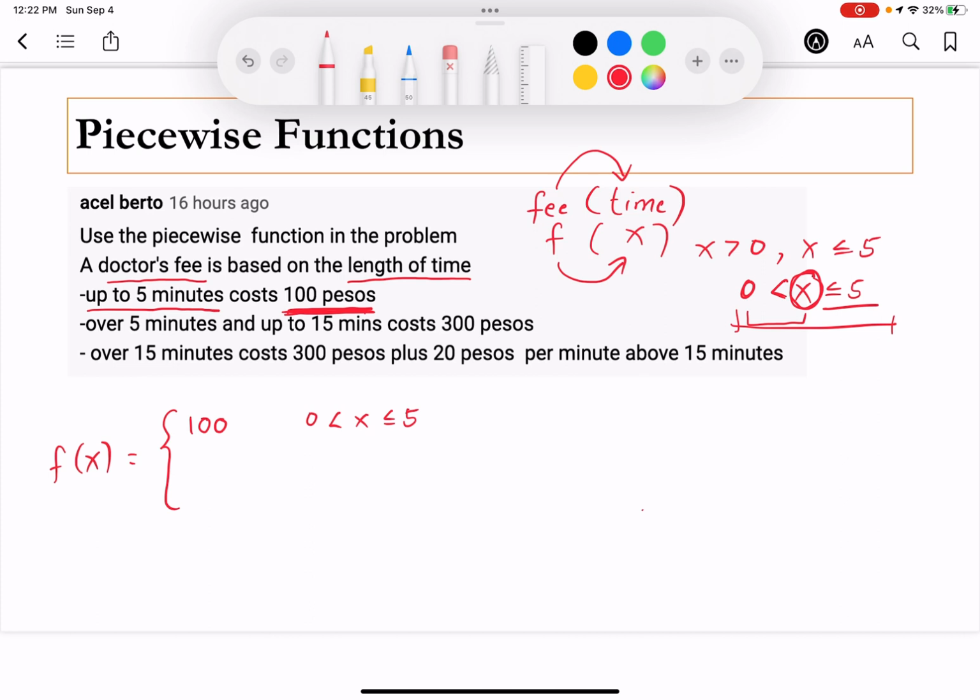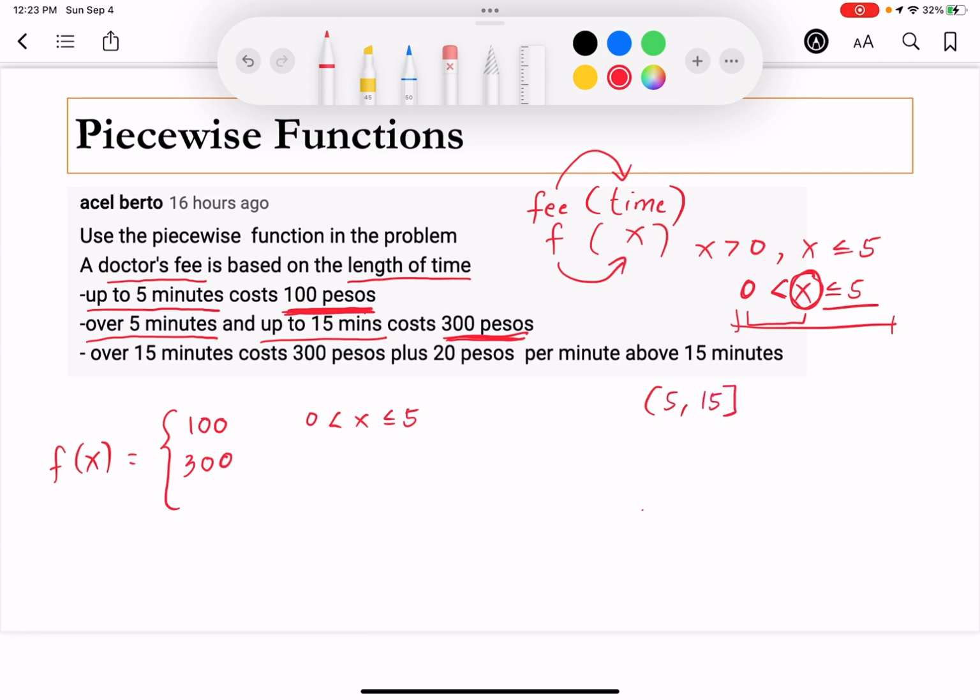Okay, let's proceed to the next condition. Ang sabi dito, over 5 minutes and up to 15 minutes. O magkano ang presyo dyan? 300 pesos. Naka-fix naman sila kaya mabilis lang. So, 300 pesos daw kapag ang length of time ay hanggang 5 minutes hanggang 15 minutes.